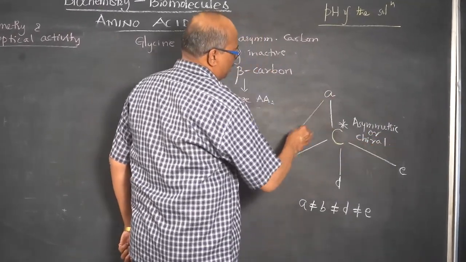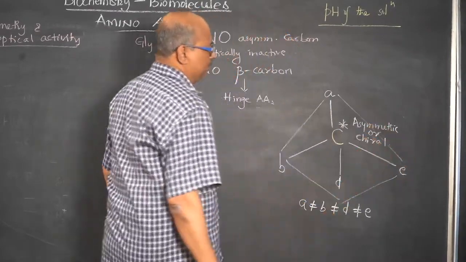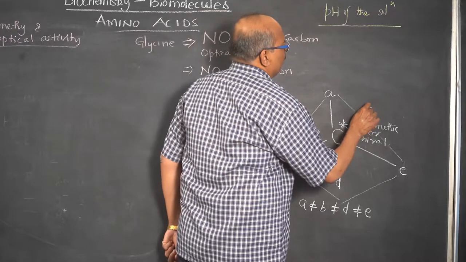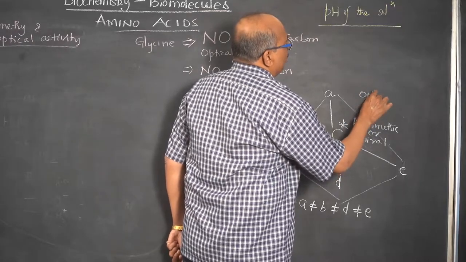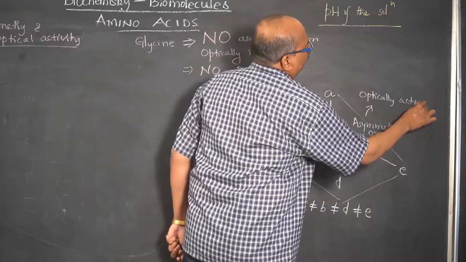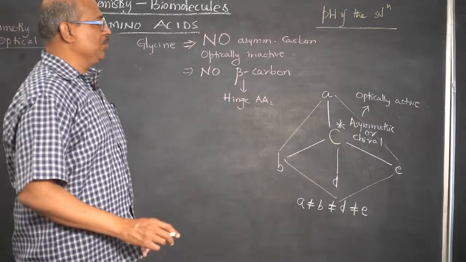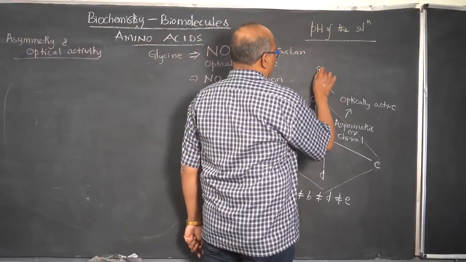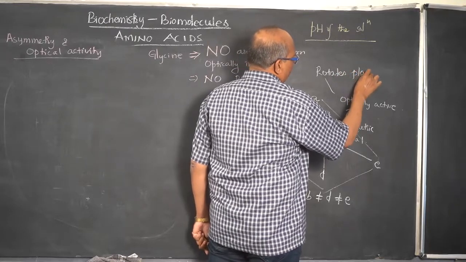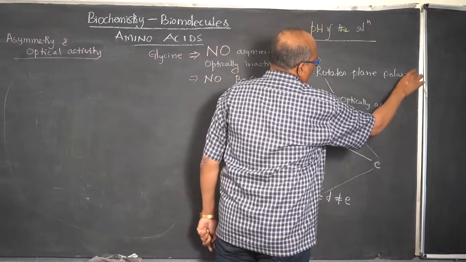So this is the tetrahedral structure of your central carbon. Once you have the asymmetric carbon, this will be optically active. If it is optically active, it means it rotates plane polarized light.